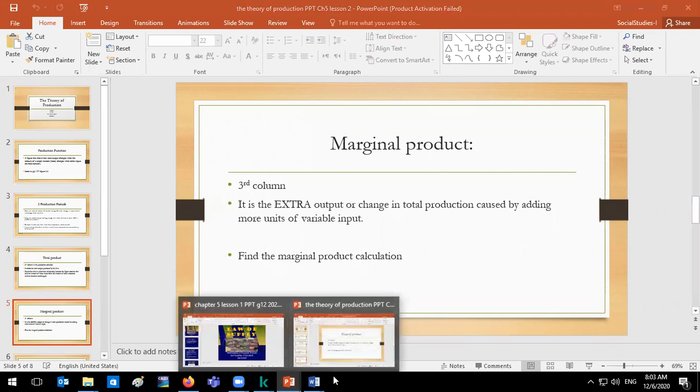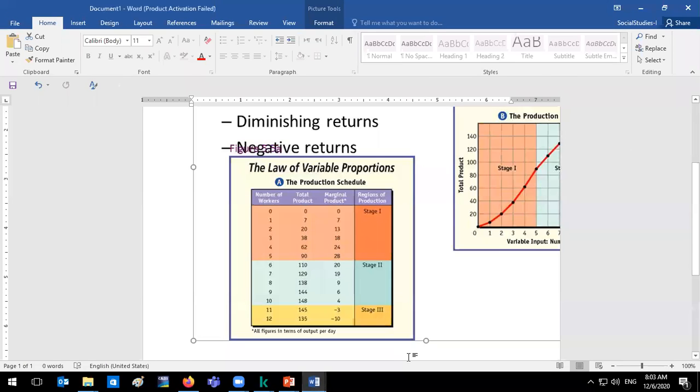Okay, what does that mean? This is a definition, but in simple terms, when I had zero employees, I had zero production. When I had one employee, I had 7 units of goods being produced. The marginal product is the difference between what I produced at zero employees and at one employee.